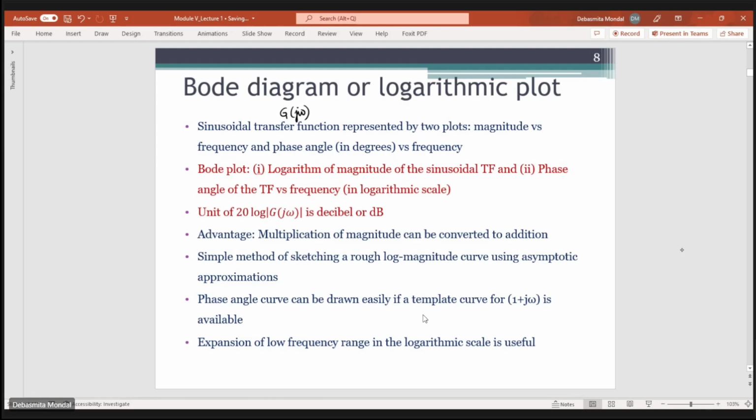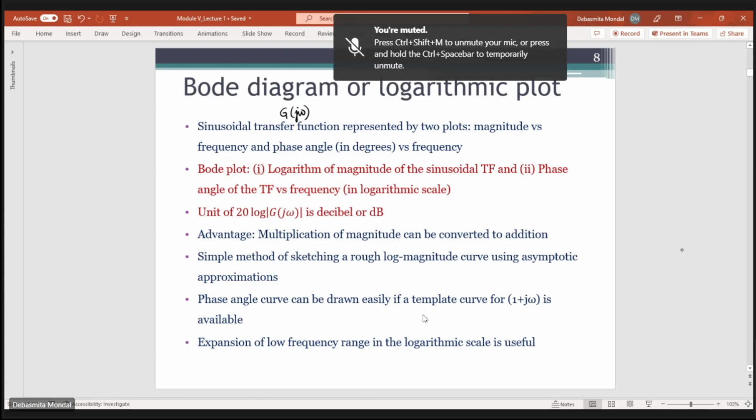The Bode plot is nothing but the logarithm of the magnitude of the sinusoidal transfer function versus frequency and the phase angle versus frequency, and both are plotted in a logarithmic scale. In the magnitude plot we are doing 20 log of G of j omega, and the unit of this is known as decibel, or in short dB.